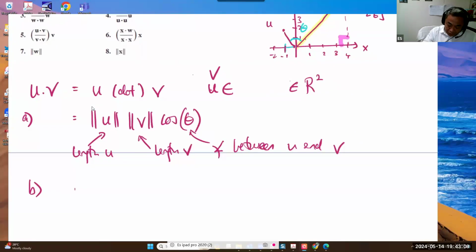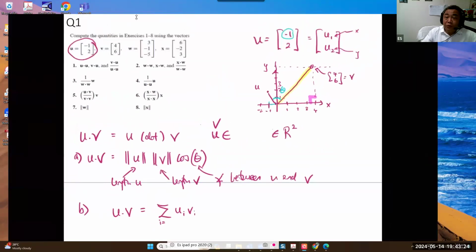So u dot v is also equal to the summation of u_i v_i. Remember this is only u1 and u2, so i is only going from 1 to 2. This summation looks very complicated, but actually it's nothing but u1 v1 for the first guy plus u2 v2.